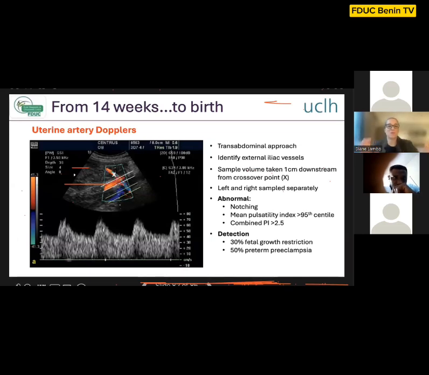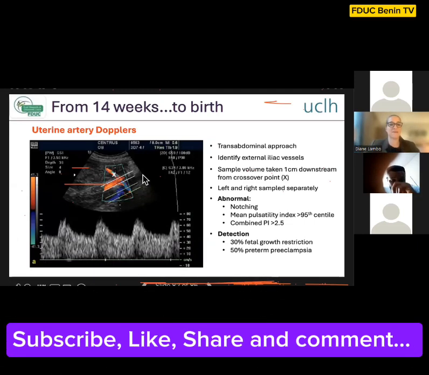And the reason we set this criteria is primarily so that there's standardization in the way that you're measuring your Dopplers. So when I measure the Dopplers and someone else measures the Dopplers, we're getting the same value. Essentially, we measure the left and the right separately. And depending on where you work, depending on the institution that you're in, you might use different cutoffs.